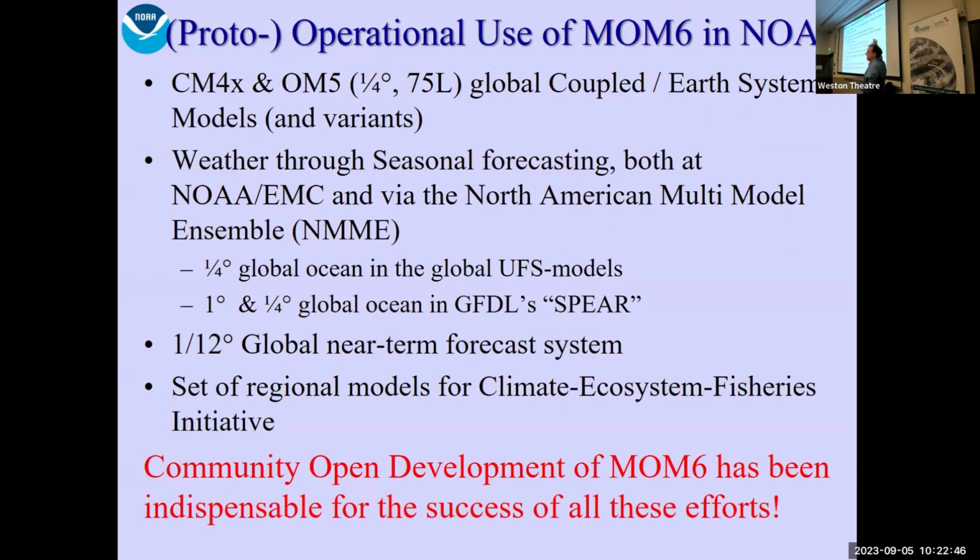The operational side of things is able to ensure that the answers don't change, that you can modernize the code without having to go through the whole reforecasting issue that would be required if the answers were changed. So this is something that we think is working very well. It's engaging an increasingly large number of people, but critical to all of this has been this community open development approach, very much in line with the spirit of ACCESS-NRI that Andy laid out in the first talk. So, thank you very much.